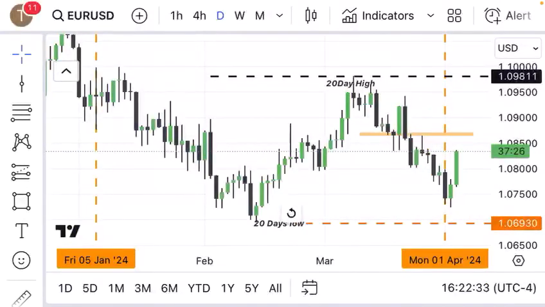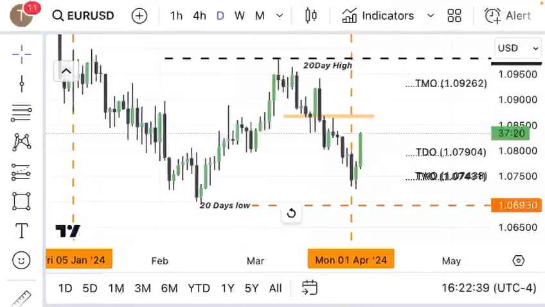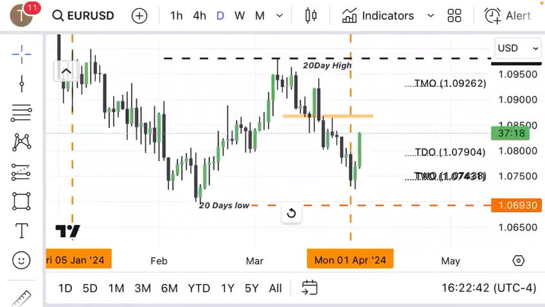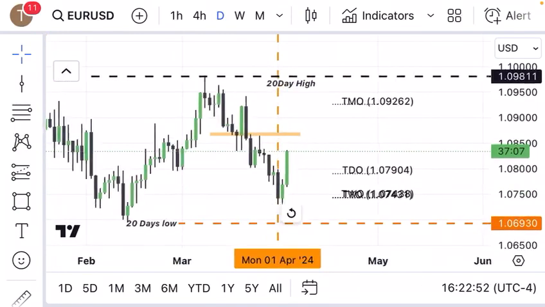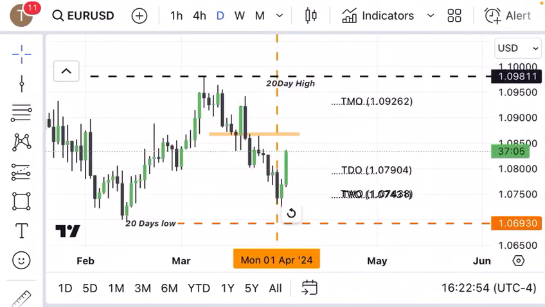Basically, the 20 and the 40 days high and low are basically the same. So that's why I'm just going to focus on the 20-day high and low. Because it rallies higher during April, I'm expecting price to move higher on EURUSD, right?